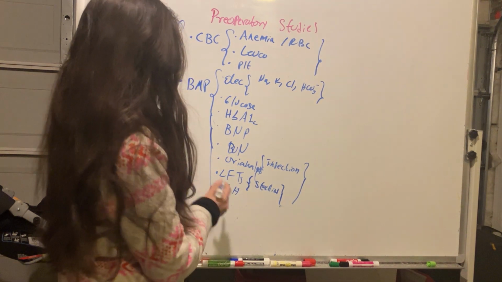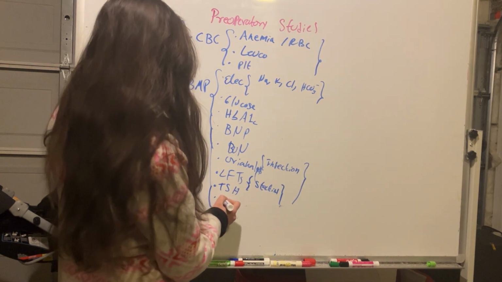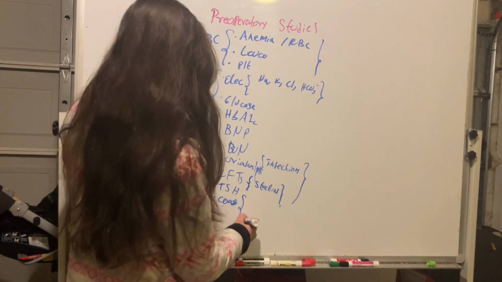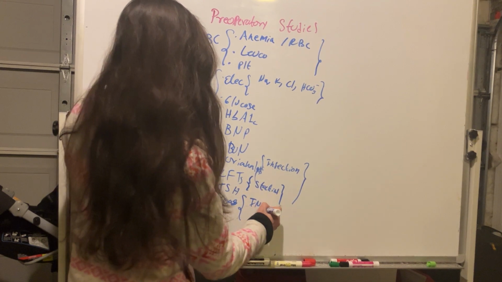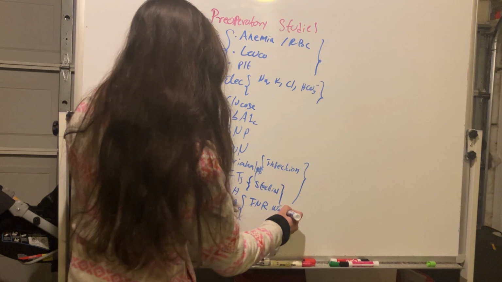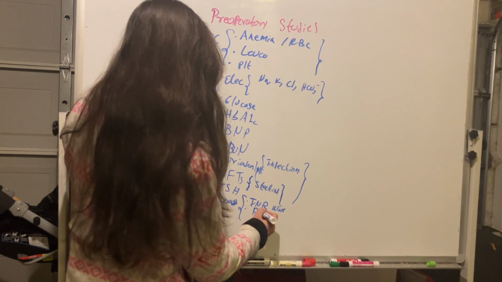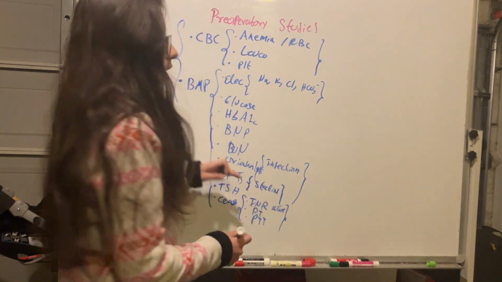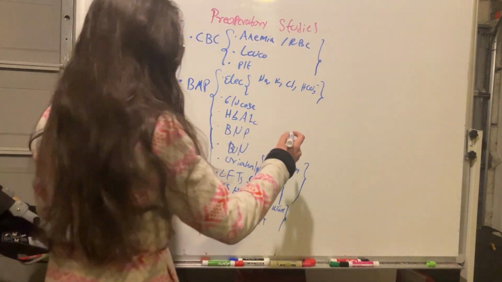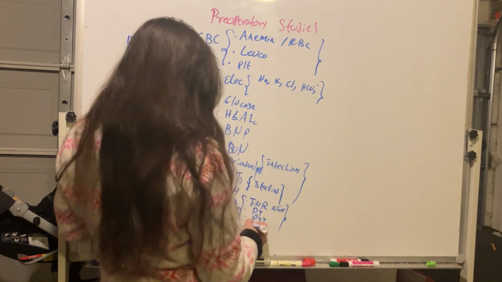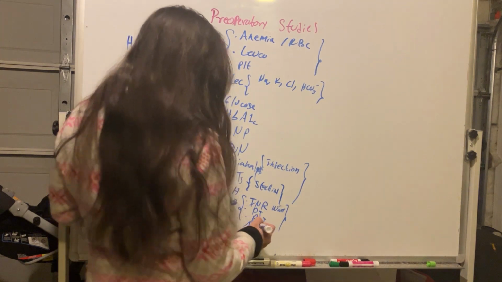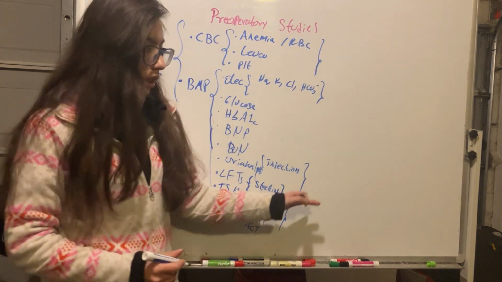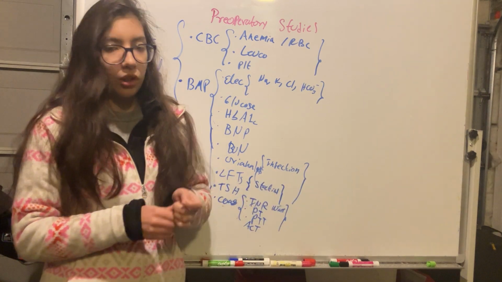Also, we will ask for coagulation studies. So we want to know the INR if the patient is taking warfarin, prothrombin time, partial thromboplastin time, and we measure the activated coagulation time, and we measure this before the patient goes into bypass.